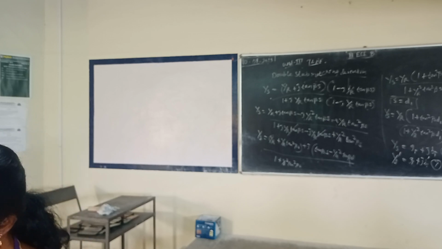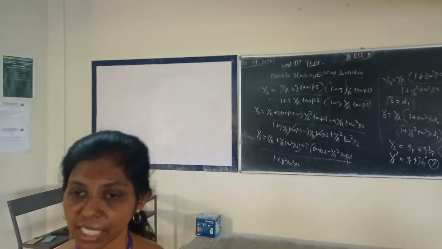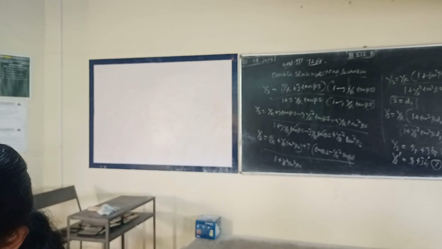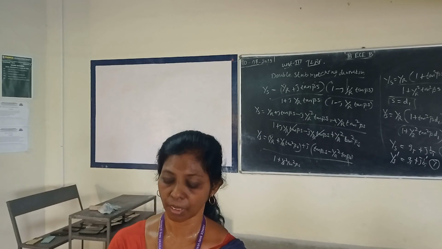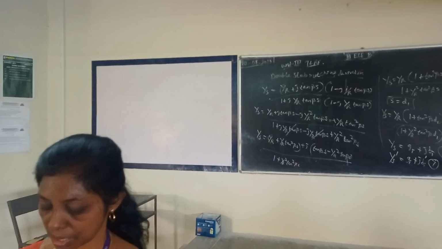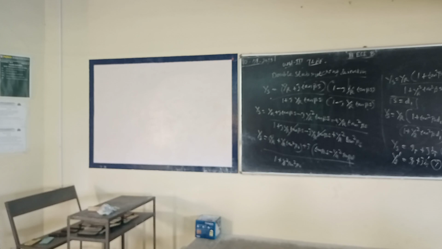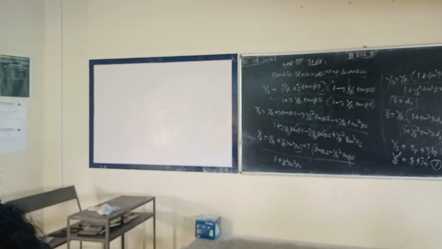Since the input admittance of a short circuited stub is purely imaginary, the conductance, that means the real part of the new admittance Y dash of S, will remain unchanged.